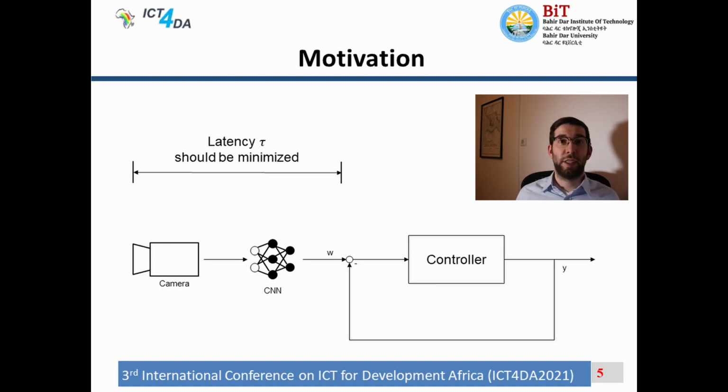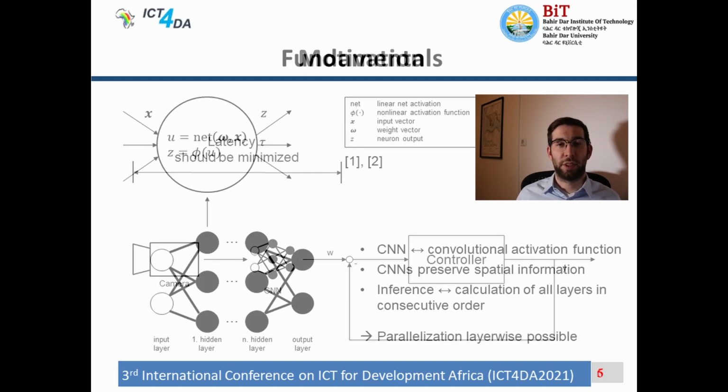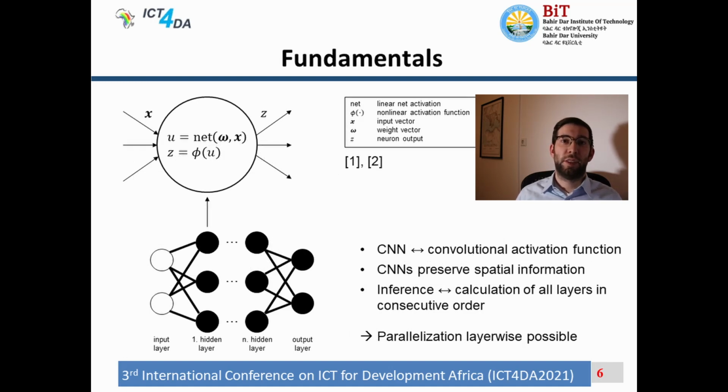But first, we need a fundamental understanding of the neural network. On the bottom left, you see the neural network depicted. And it consists of mainly three different types of layers. First, the input layer, where all the input is fragmented into single neurons. Then, one or many hidden layers, where nonlinear units try to approximate a desired output by training.